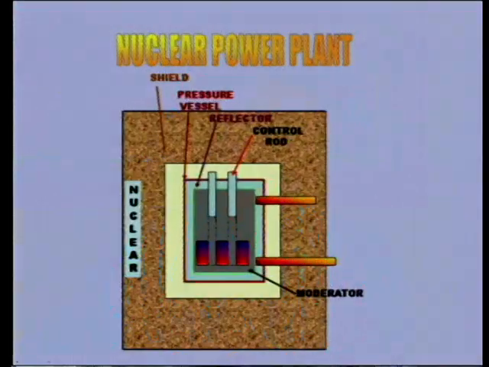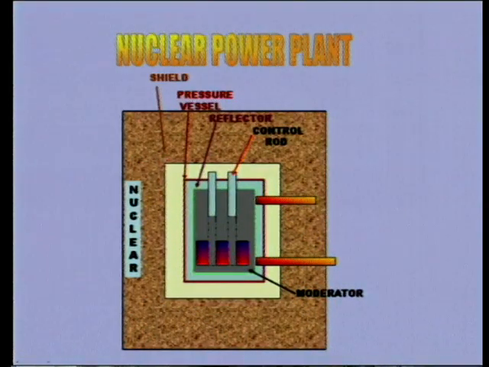For this process, we use what is known as a shield. The shield is made up of concrete and steel. These two, the concrete and steel, absorb the radiations that are generated effectively, thereby protecting the living organisms.